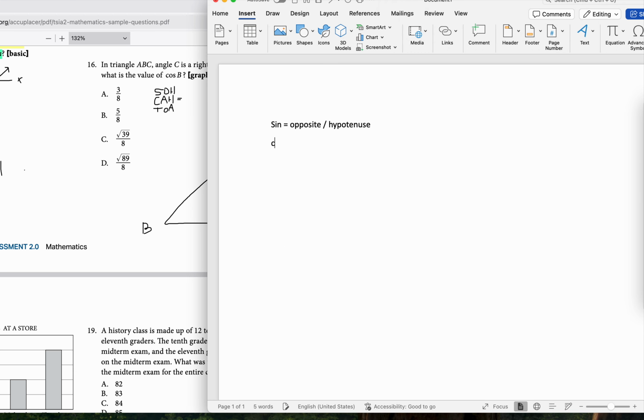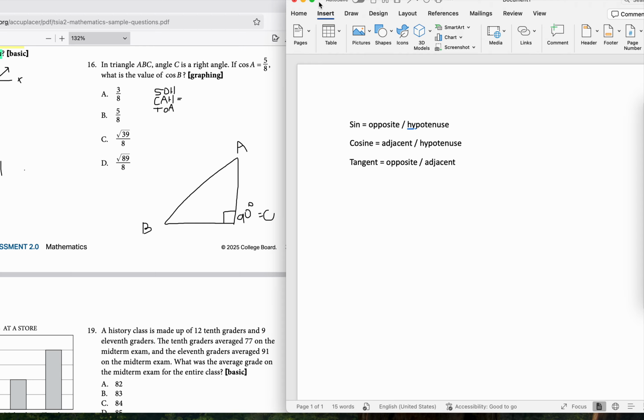So the cosine is always going to be the adjacent over the hypotenuse. And then you have the tangent. And the tangent is always going to be the opposite over the adjacent.